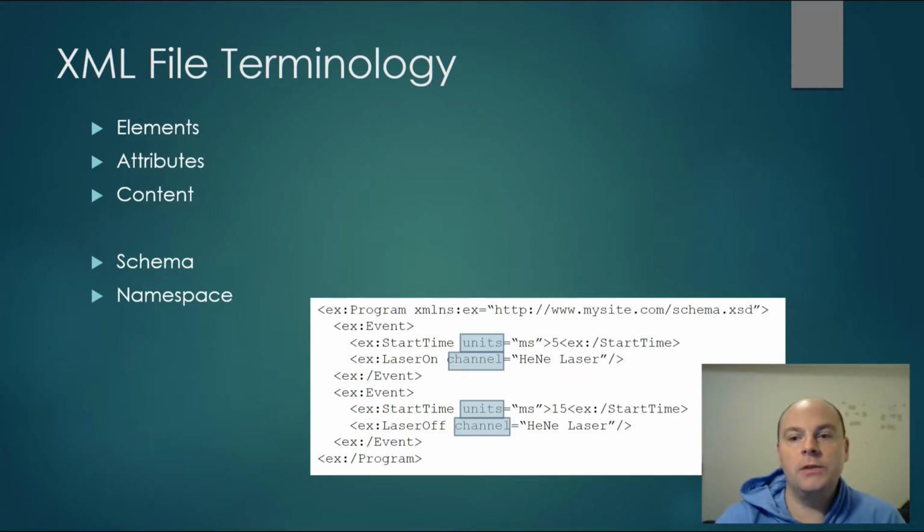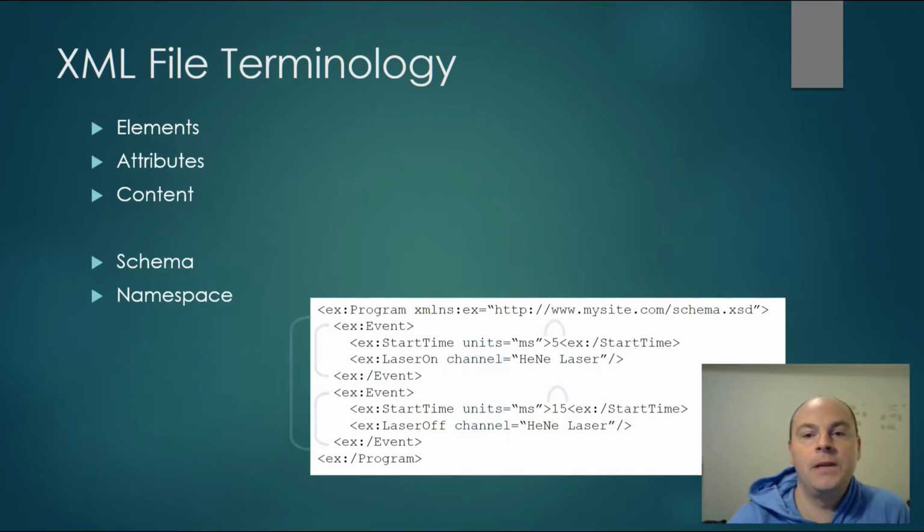The other main piece of verbiage that's used all the time is known as content. The content is the stuff inside of the tags. An example of that is everything in between the opening and closing program tags, which includes those two events.